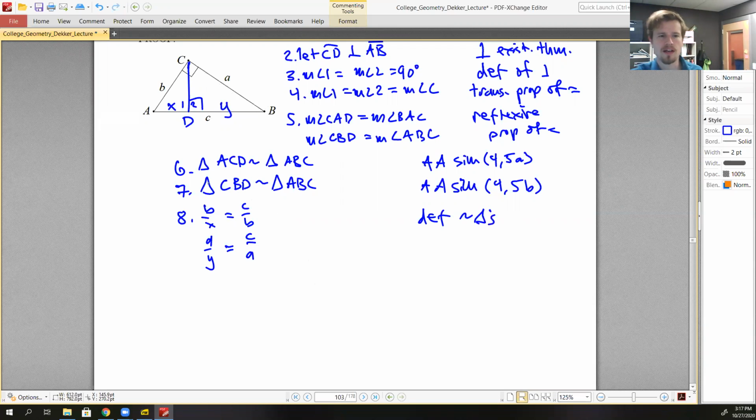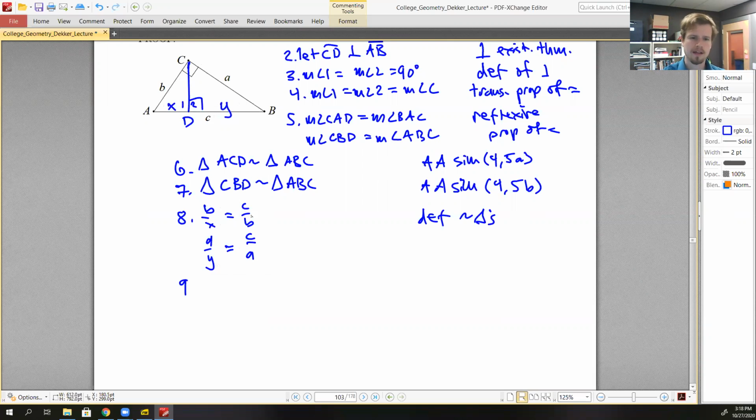So again, B over X is the short side of ABC divided by the short side of ACD, equal to the long side of ABC divided by the long side of the smaller triangle. And in the second case, we're looking at the medium side of the large triangle divided by the medium side of the small triangle, equal to the long side of the large triangle divided by the long side of the smaller triangle.